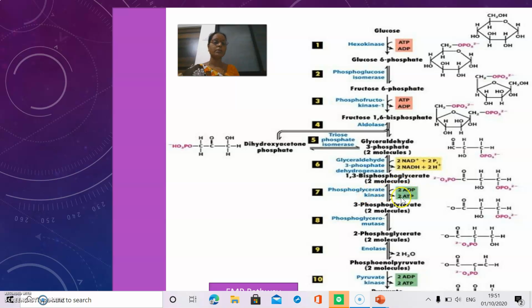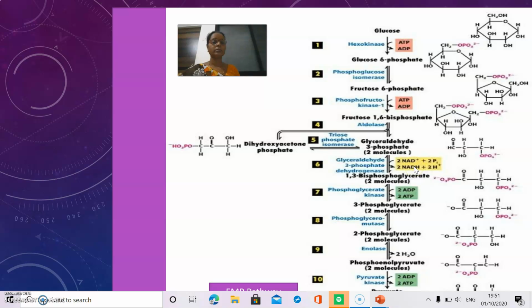In the 7th step, 2 ATP molecules are produced, and in the 10th step, 2 ATP molecules are produced. In all, 2 plus 2, 4 ATP molecules are produced. And in the first and third reactions, 2 ATP molecules are involved. Therefore, the net ATP is 4 ATP minus 2 ATP, forming 2 ATP molecules.